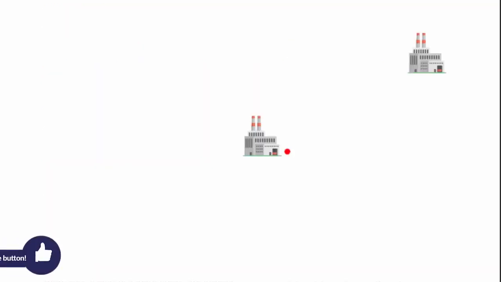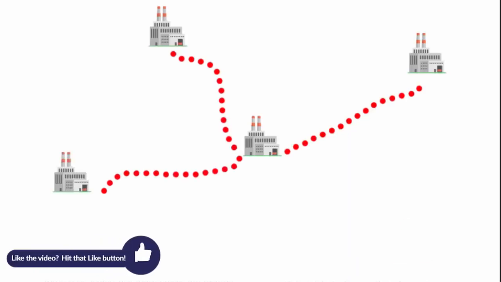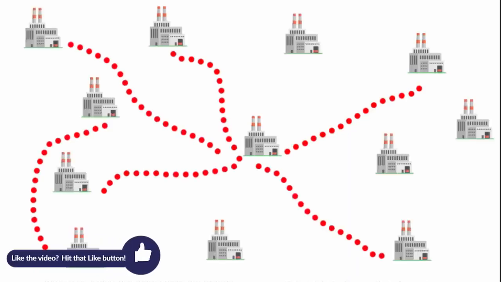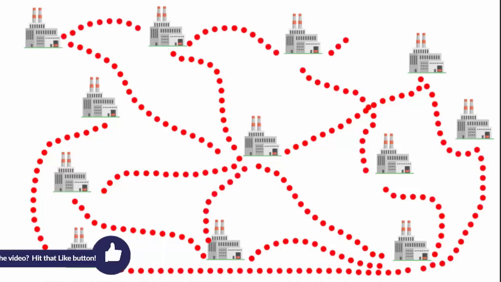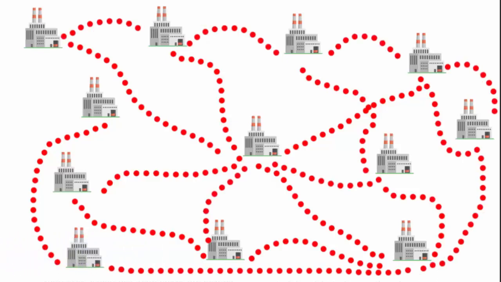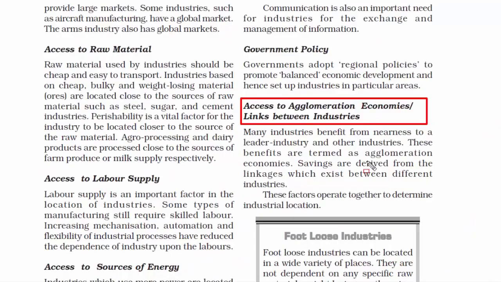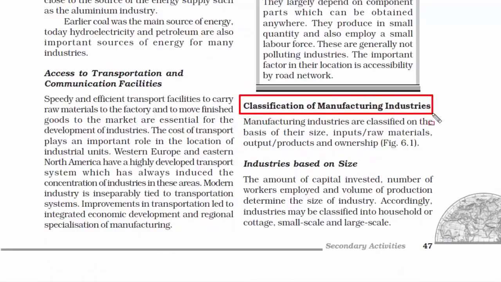So when we say agglomeration economies, we mean collection of economies. If industries are located nearby to each other, they tend to mutually benefit from each other in terms of services, adaptation of technology, methods, ideas, etc. So these were the factors influencing the industrial locations. Now we're going to read about the ways in which manufacturing industries are divided.